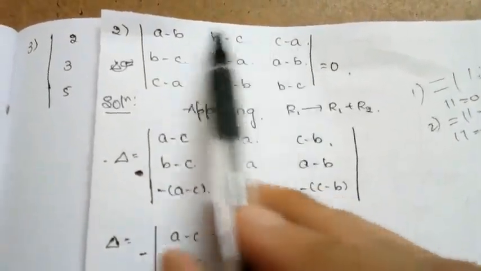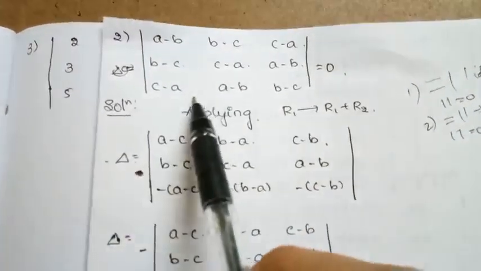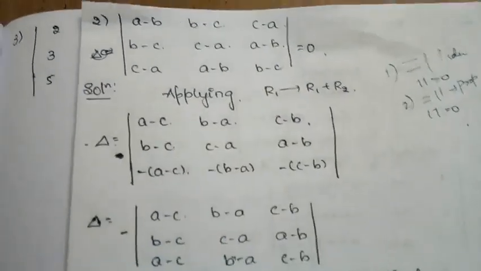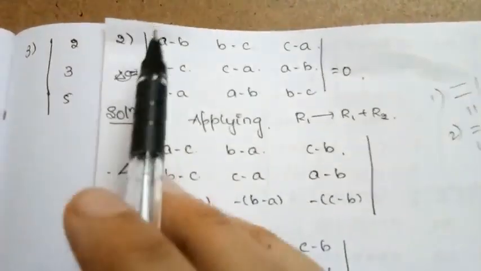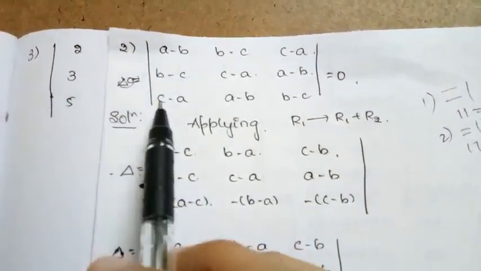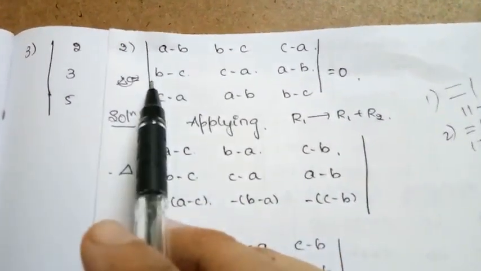I am calling the LHS delta and applying a row operation. What is that row operation? R1 implies R1 plus R2. Why am I doing this operation?